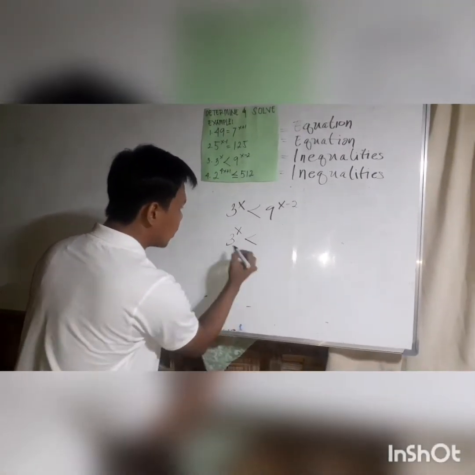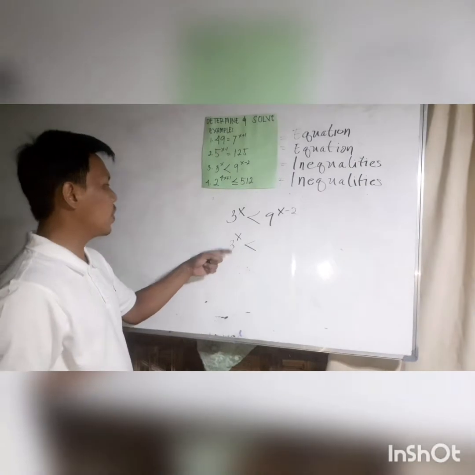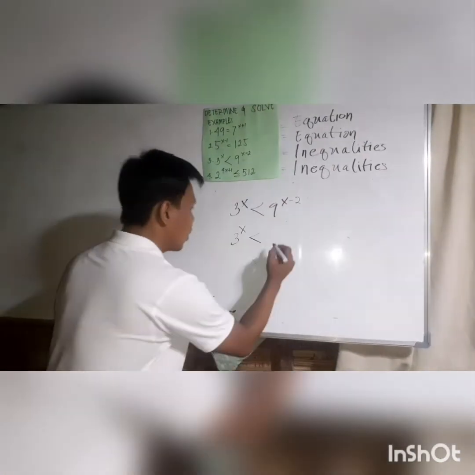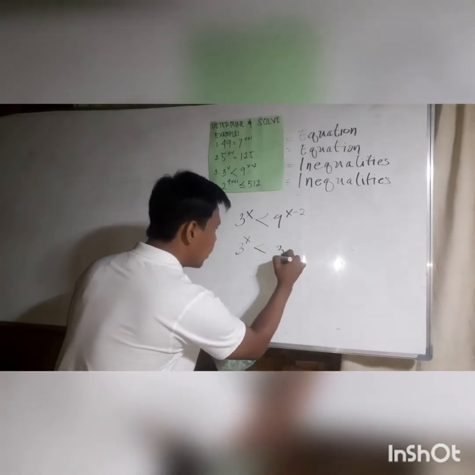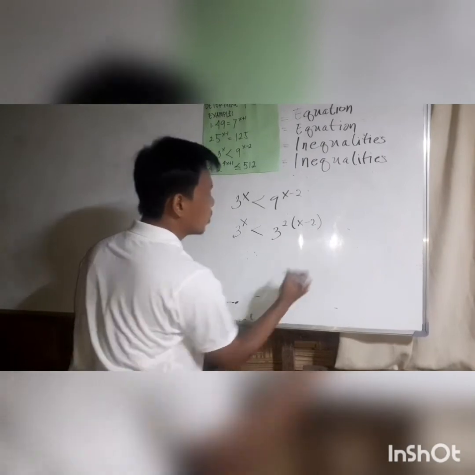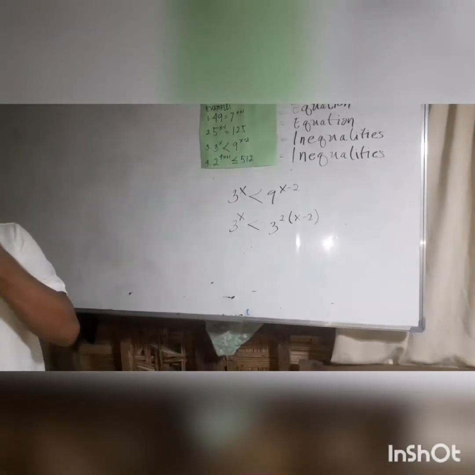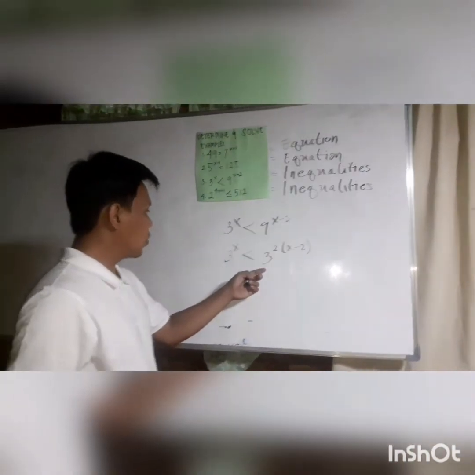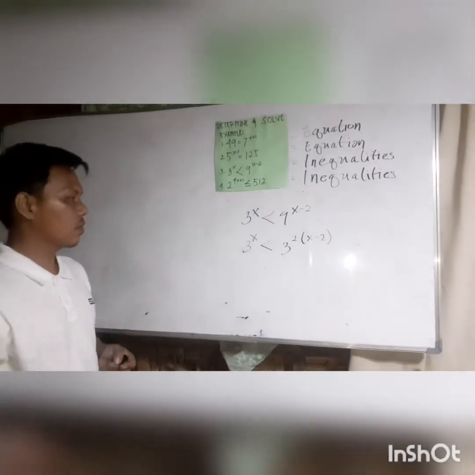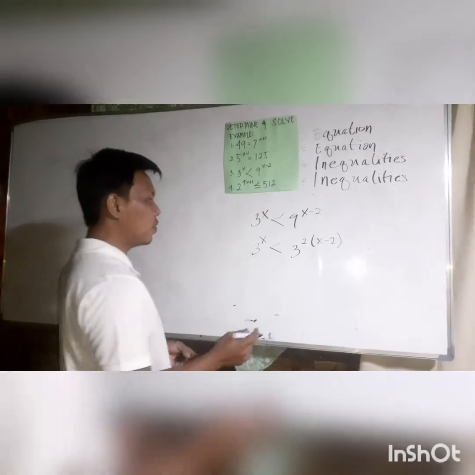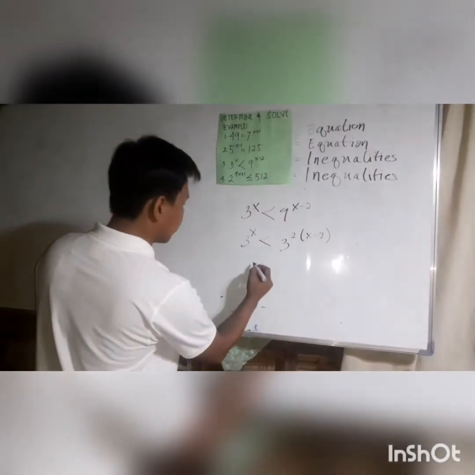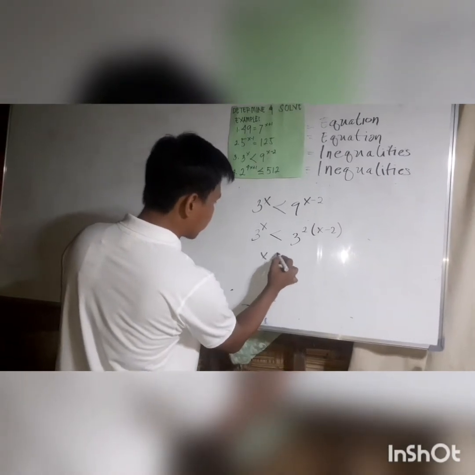This 9 should be equal, this base 9 should be equal to 3 squared. So now we have an equal base, so we can now solve or find the value of x.